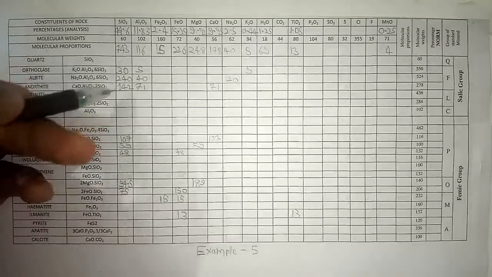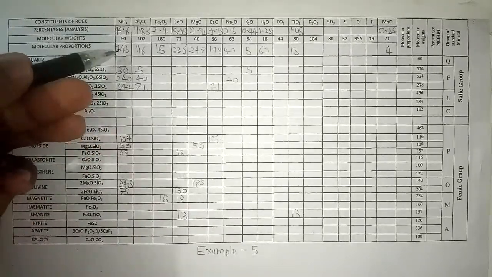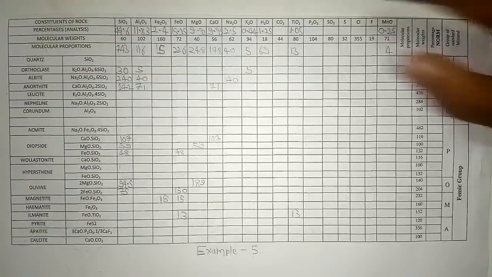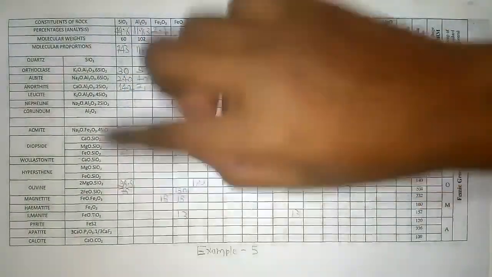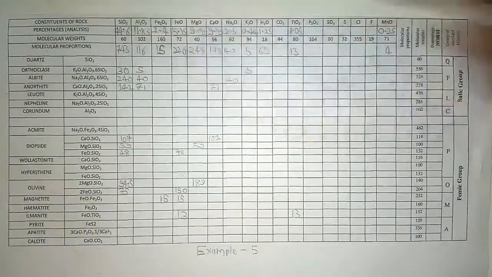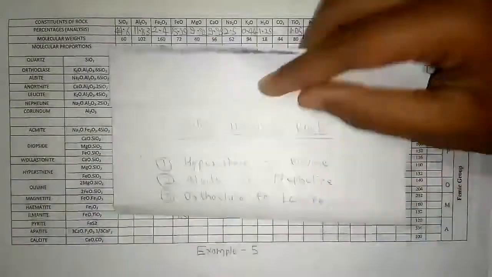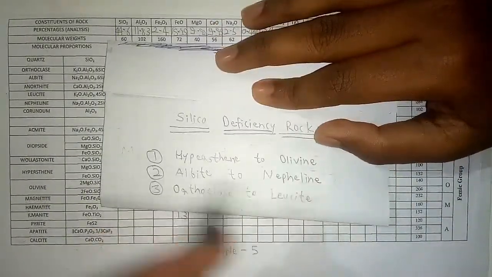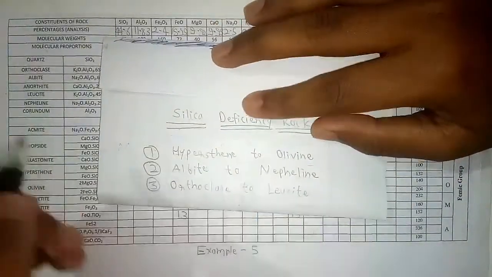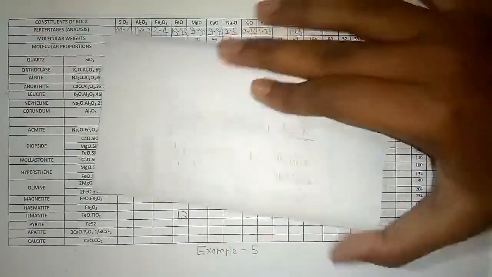The sum of all these things is 795.5, and here it is 743. So there's a difference, because the sum of all these things is still not equal to 743 or less than that. So we have to convert the next one, albite to nepheline, because we have converted all the hypersthene to olivine, and still the deficiency is there. So we will now make albite to nepheline.